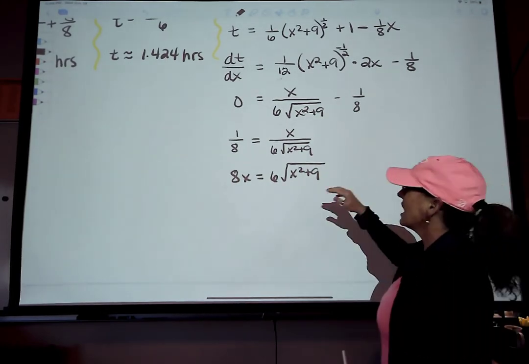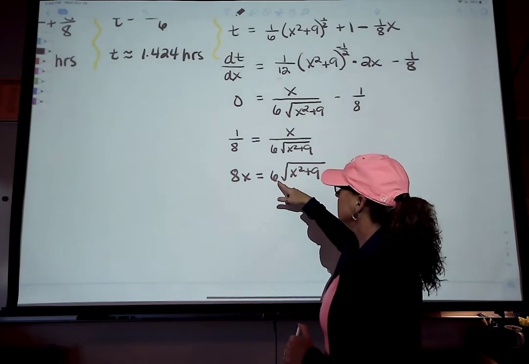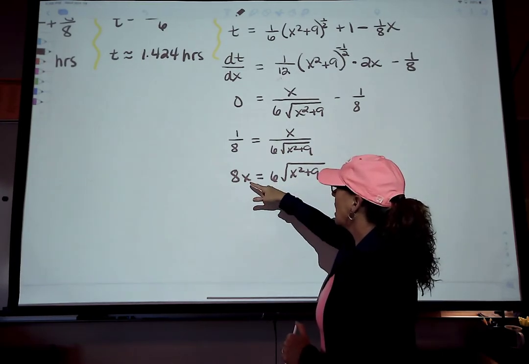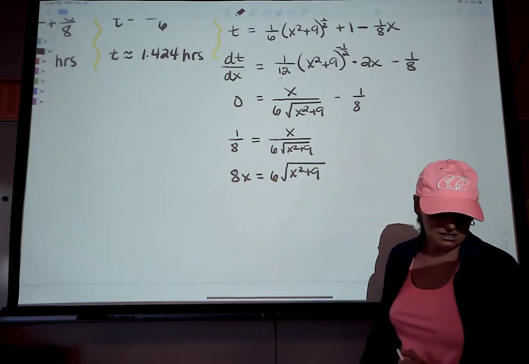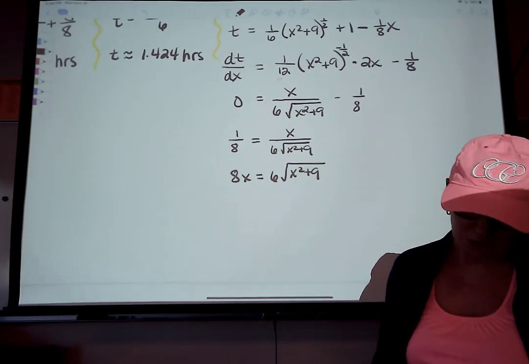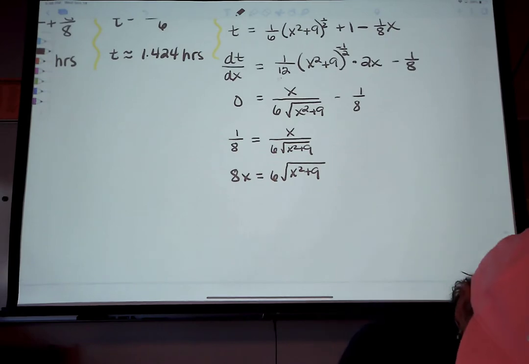Couple of things. I need to square both sides, and I probably ought to get rid of the 6. I'm not sure what I want to do first. I think I'll go ahead and square both sides.